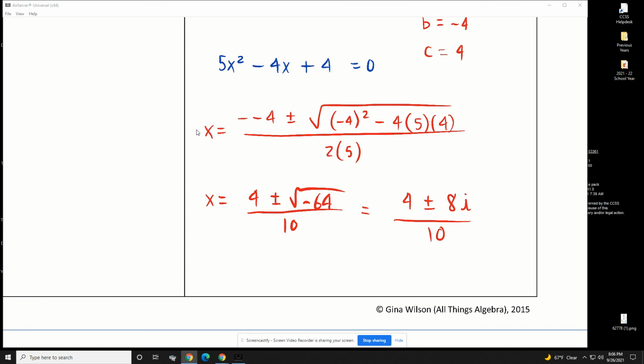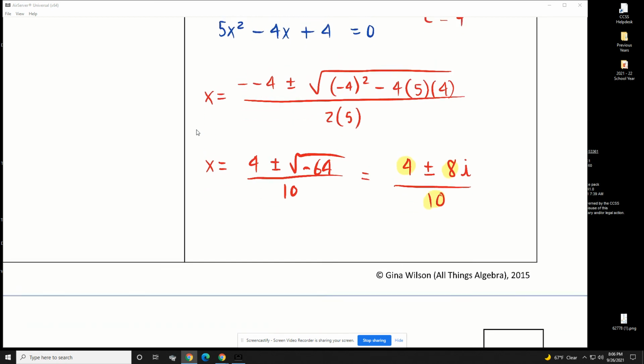Now, if you wrote that answer, I would probably not mark it wrong. But I do want you to notice something. Do you notice how every one of these terms are all divisible by 2? Because every one of these terms are divisible by 2, in a book, or on a test like an ACT, here's what it would do. It would divide each of those by 2.